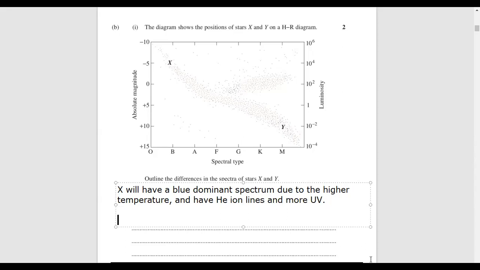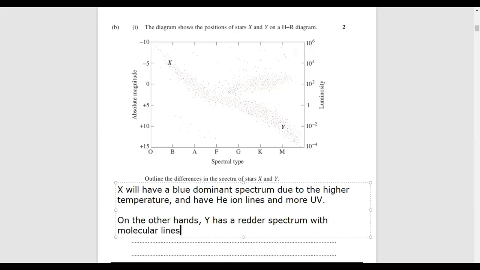Y being a lower temperature main sequence star, noting we want to outline the differences. On the other hand, just to make a point that we're talking about the differences, Y has a redder spectrum due to the lower temperature, with molecular lines would be the key point there.